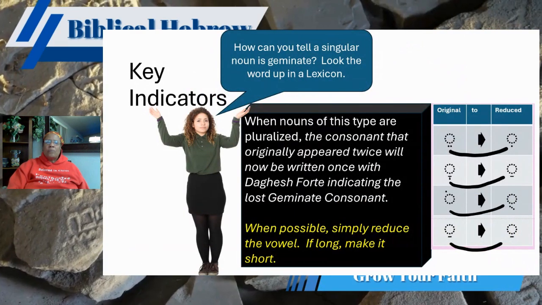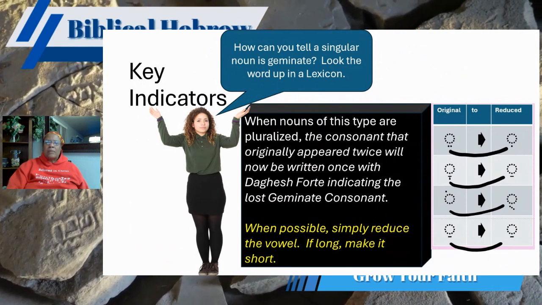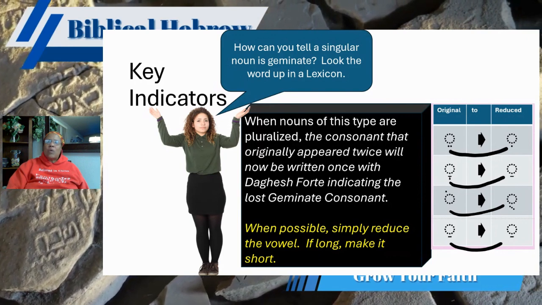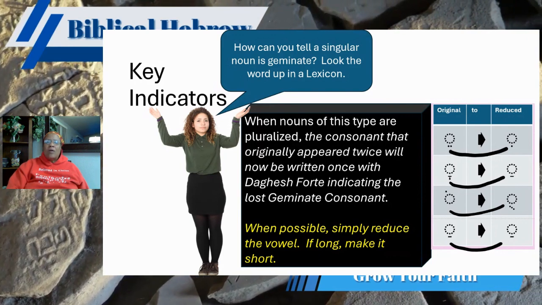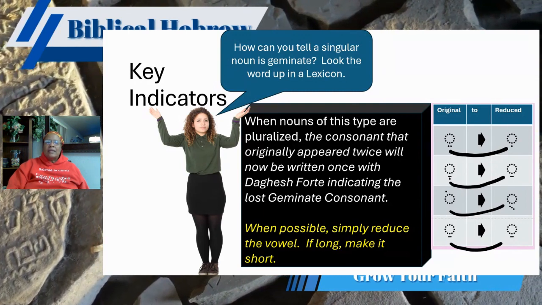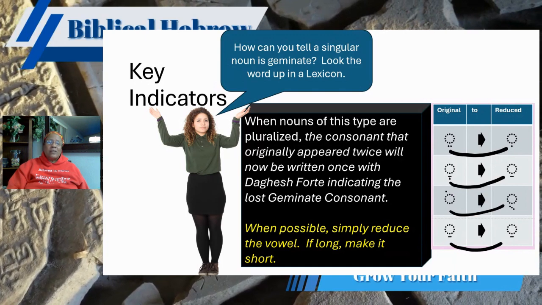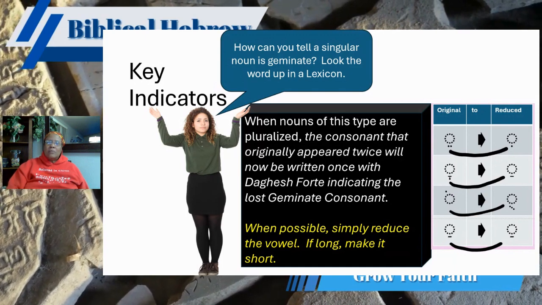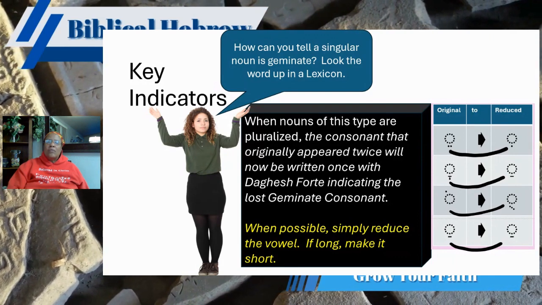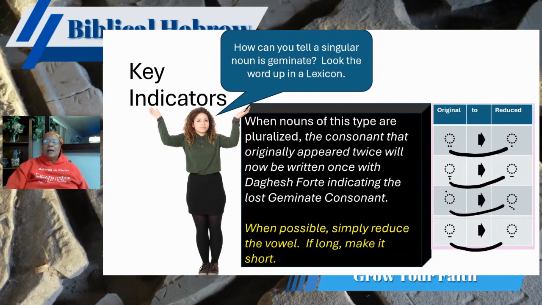All right, so when nouns of this type are pluralized, and I'm getting this straight from the book, the consonant that originally appeared twice will now be written once with the dagesh forte, indicating the lost geminate consonant. Again, this is from your book, I think page 32. When possible, simply reduce the vowel. If long, make it short. So what is it really saying?